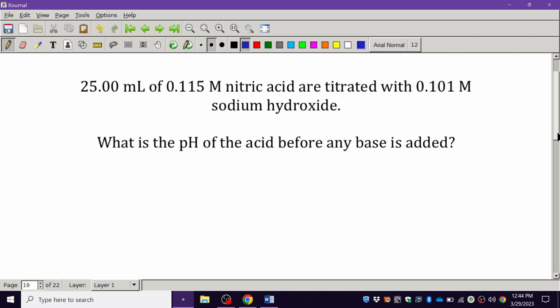Of the 3 types that we've talked about, is it a strong acid, strong base titration? Is it a weak acid, strong base titration? Or is it a weak base, strong acid titration? Which one? Yeah, this is a strong acid, strong base titration. All right. So let's write that down.